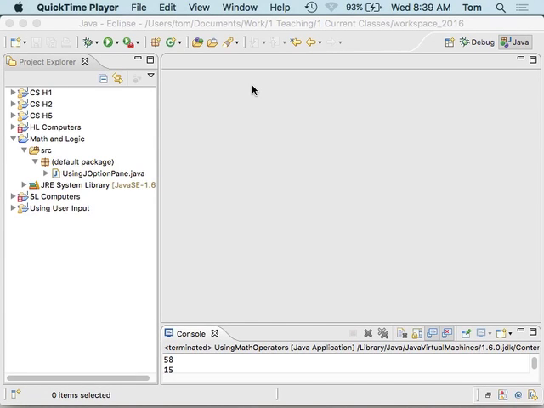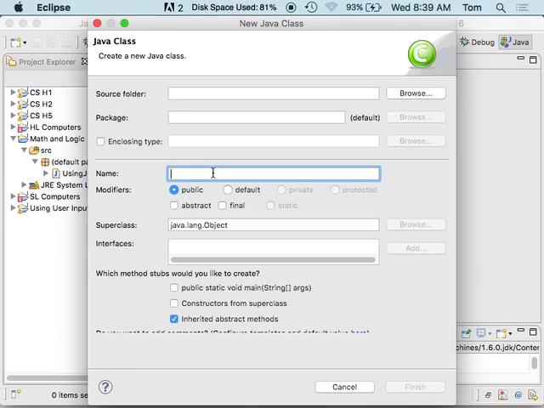Okay, so today we're going to be talking about how to use math operators inside of our programs. We're going to start out by creating a new class. It didn't fill out my source folder, so we're going to go math and logic.